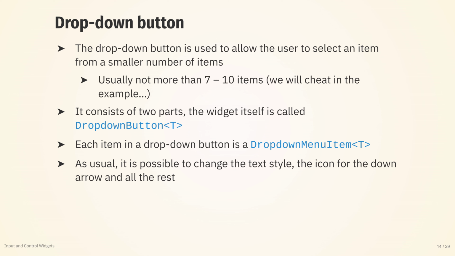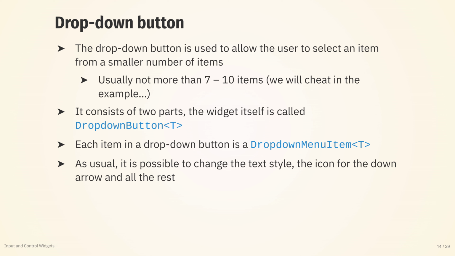And that leads us on to the next one, which is a little bit more involving, but also very much like the previous ones. The drop-down button. The drop-down button is something that we can use to display a number of items.